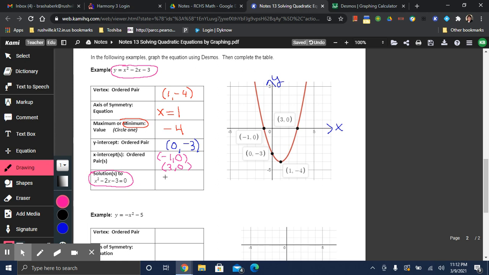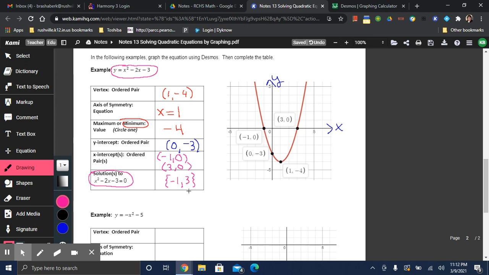But in doing so, we would find that the solutions are already showing to us on this graph. The solutions are, remember what we said, the x values of the x-intercepts. So we would get -1 and 3 for our solutions to this equation, which is the same as what we typed into Desmos, only equal to 0.